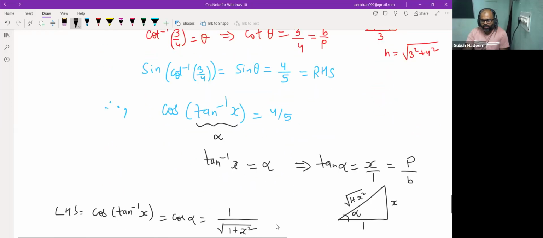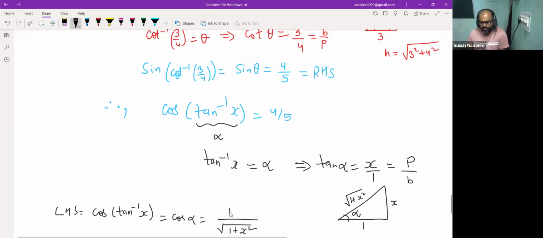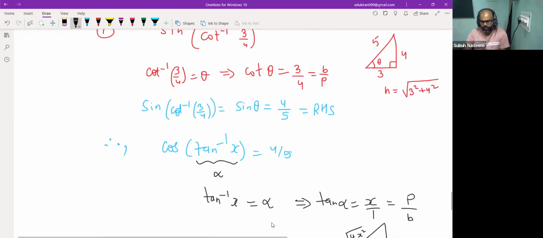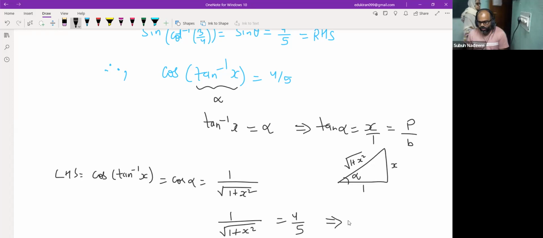Now, after doing this, you can just equate 1 by root over 1 plus x square to 4 by 5, the right hand side. Whatever we have done on the right hand side, the same thing we have done on the left hand side. So this means root over 1 plus x square will be 5 by 4. From here, can you get the value of x?